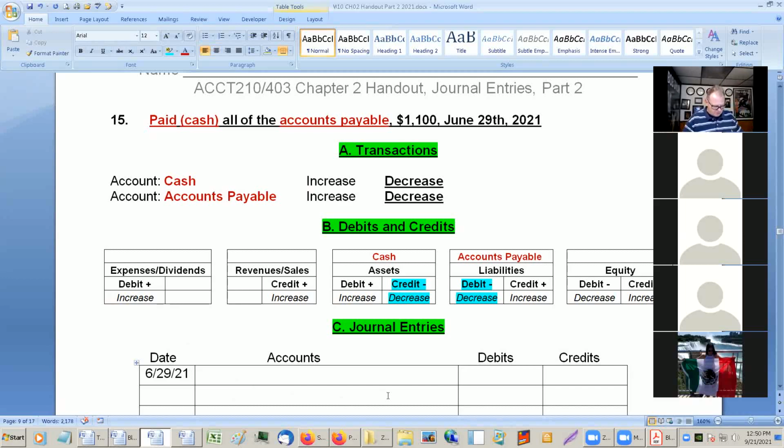Okay, so accounts payable, liability, decreasing, for $1,100.